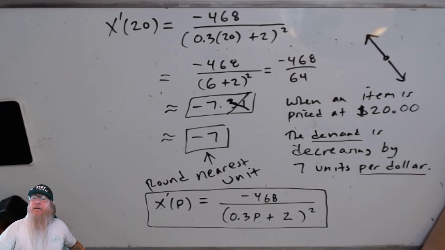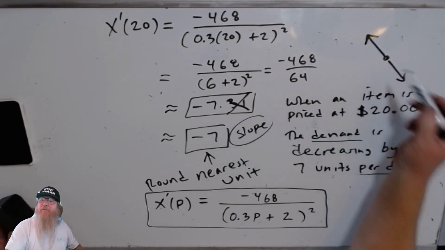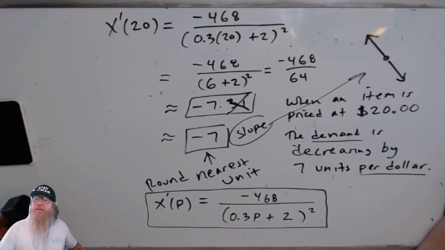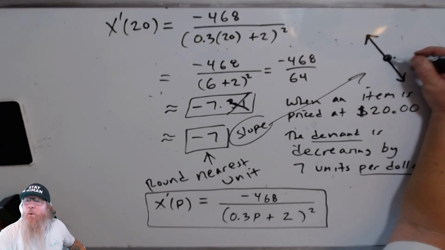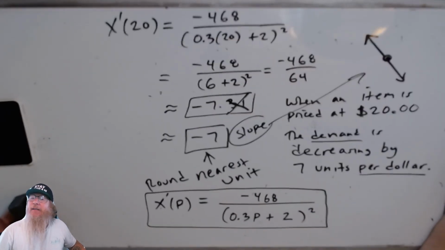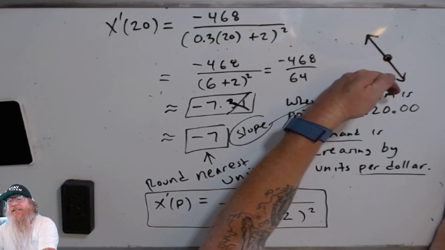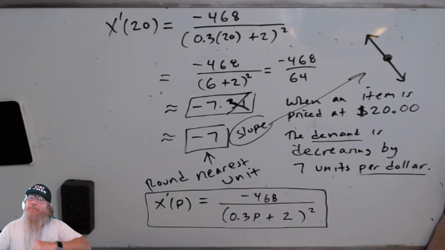All right. So this represents the slope of a line like this. When the price point, that's one of the reasons why we call that a price point, the dot, is $20, the demand is decreasing by 7 units for every dollar.